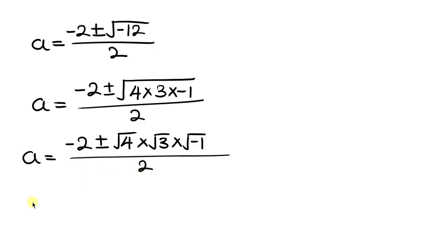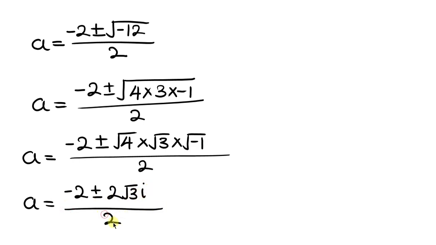Very good. So A now becomes negative 2 plus or minus the square root of 4 is 2. So 2 times the square root of 3 gives 2 root 3. And then times the square root of negative 1. The square root of negative 1 is actually iota. So we're going to be putting iota there to multiply this expression all over 2.